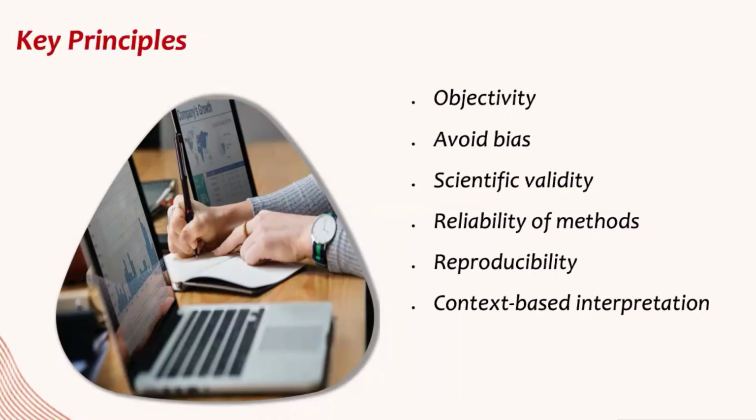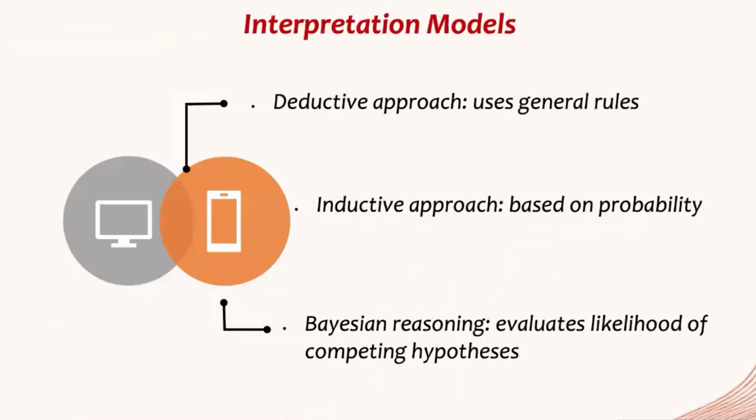There are, however, interpretation models that we can look at. This describes methods that are used to reason from evidence, and this includes logical and probability-based approaches. We have deductive approaches, which use general rules and apply known facts.